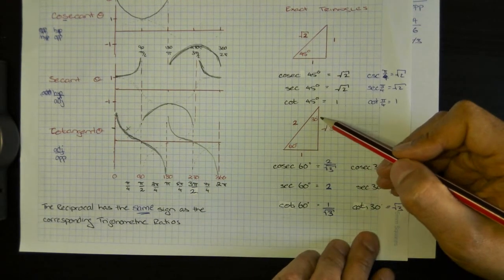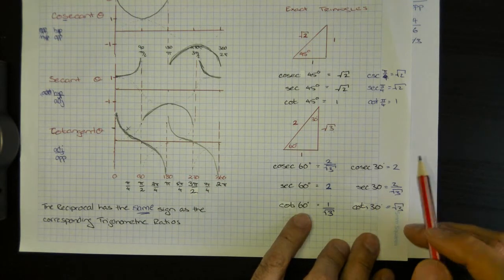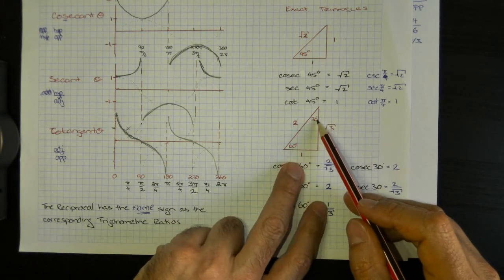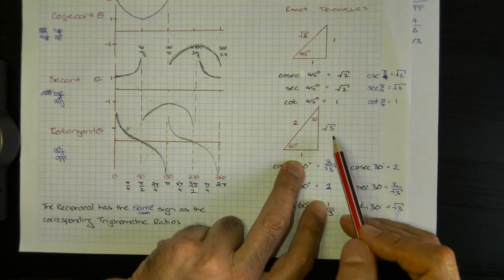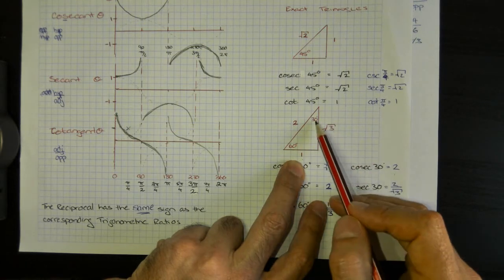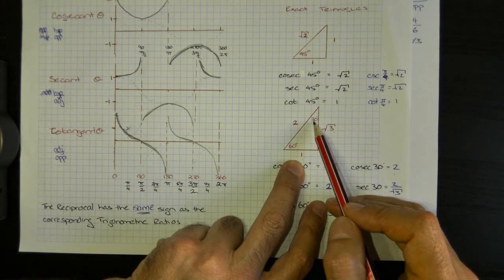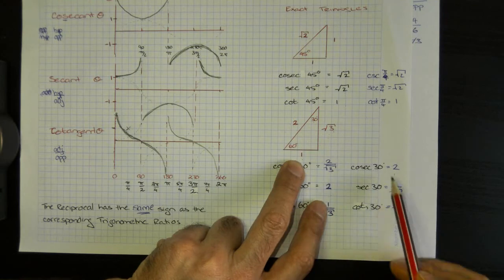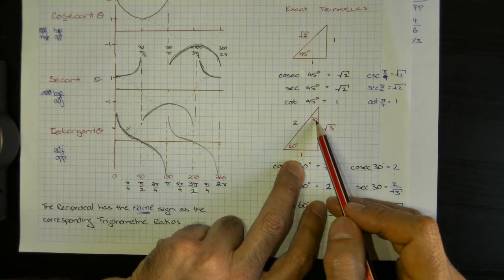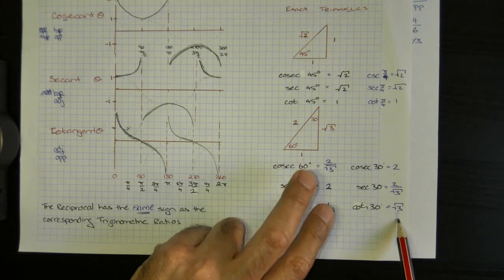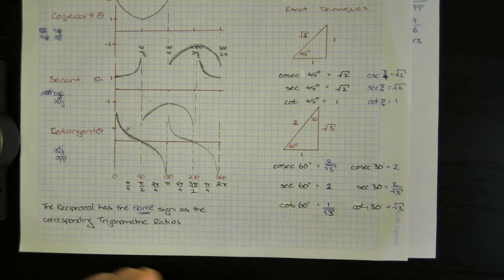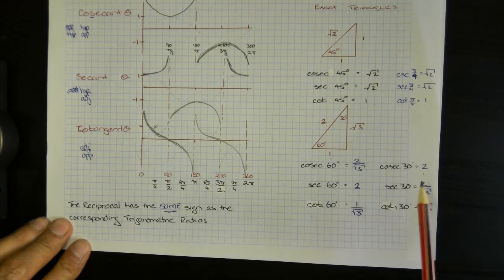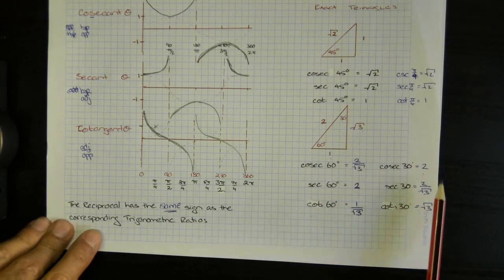And obviously we've got 30, so the cosec is the hypotenuse over the opposite. The sec of 30 is the hypotenuse over the adjacent, and the cot of 30 is the adjacent over the opposite. Now, these are reciprocals, and these kind of match up. That's important when knowing the other trig identity of complementary angles.